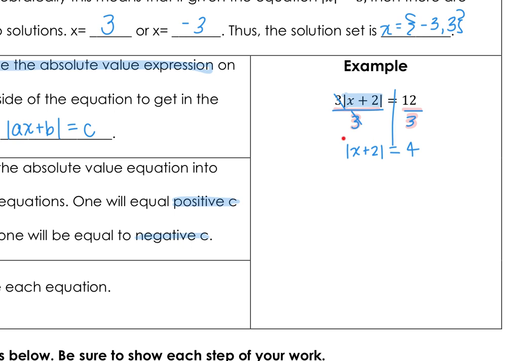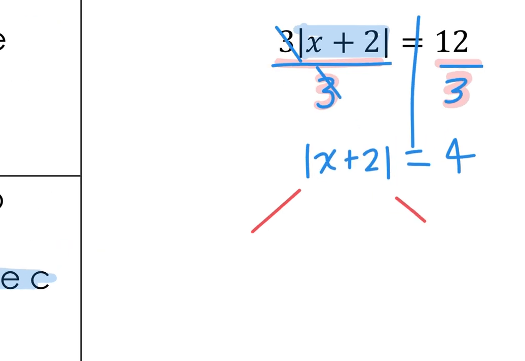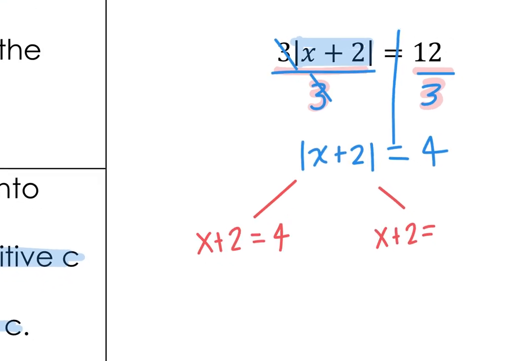Now that this is all by itself and it's set equal to 4, I am going to break it apart. So I'm going to take those 2 bars, and take what's on the inside, x plus 2, and I will set it equal to c, which is 4. And then I'm going to take x plus 2 and set it equal to the negative c value.